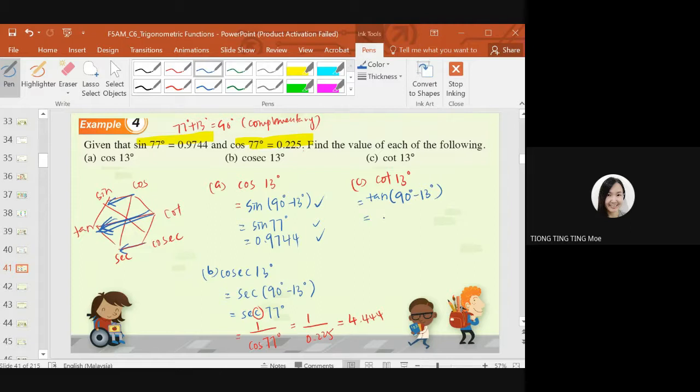Okay, can see? So it's tangent 77 degree. But here we don't have a value for tangent, right? But you know tangent is sin over cos, so it's sin 77 degree over cos 77 degree. Okay, sin 0.9744, cos is 0.225. So your answer?